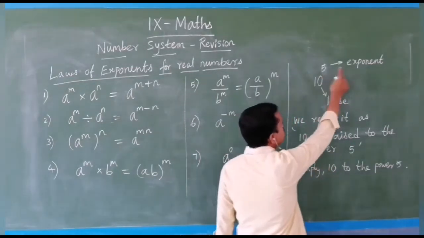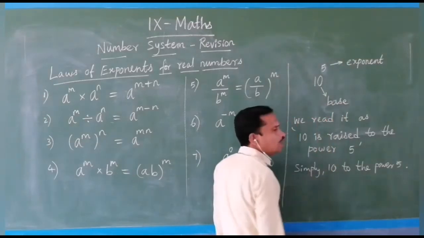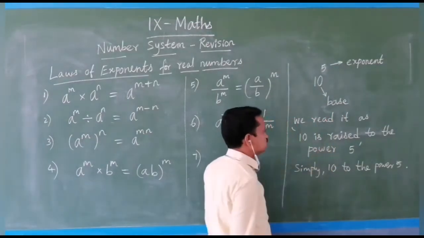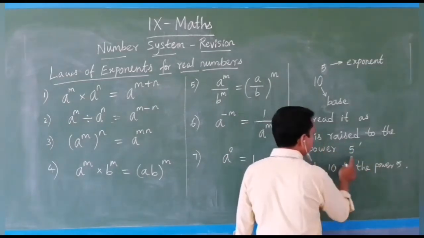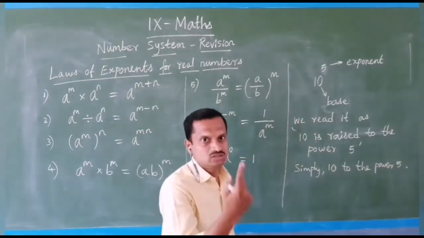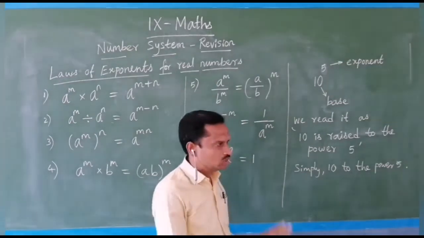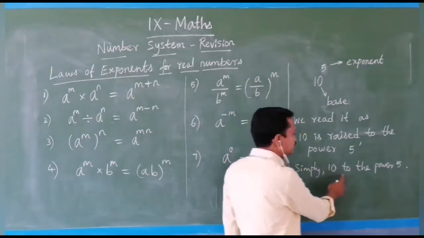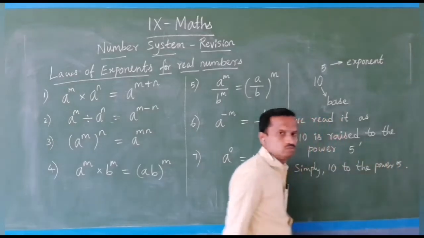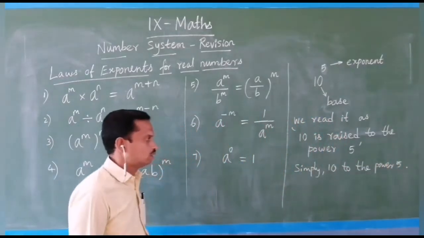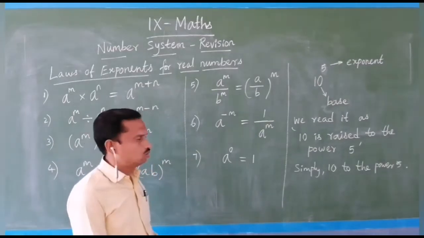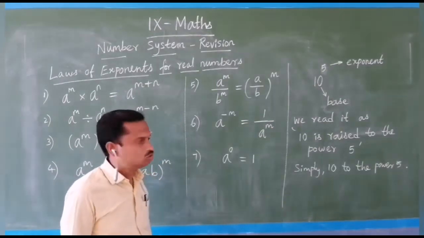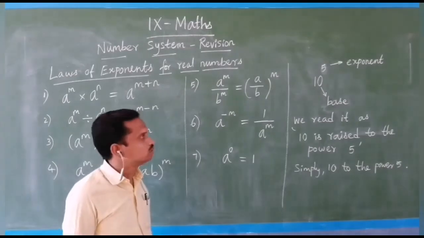And we read it as 10 is raised to the power 5. So in short, simply we can say 10 to the power 5. So this is the short way. While doing the problems, we will read like that. So now I think you understood very clearly about what is base and what is the exponent.